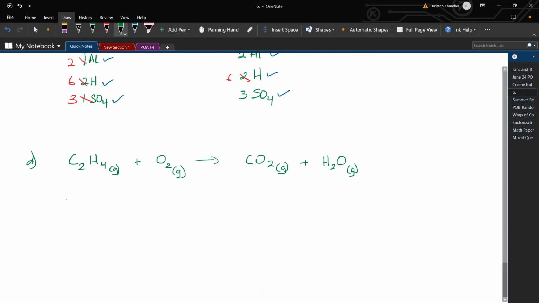So we go here: 2 carbons, 4 H's, 2 O's. Then 1 carbon, 2 H's, and we have 1, 2, 3 O's.